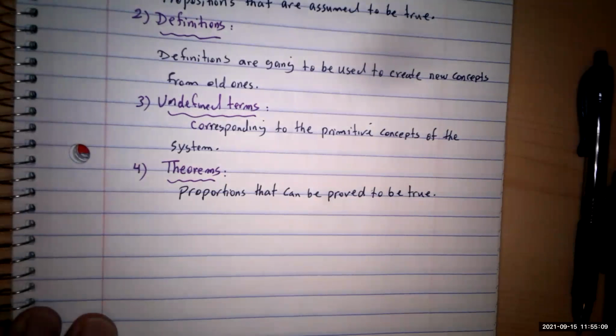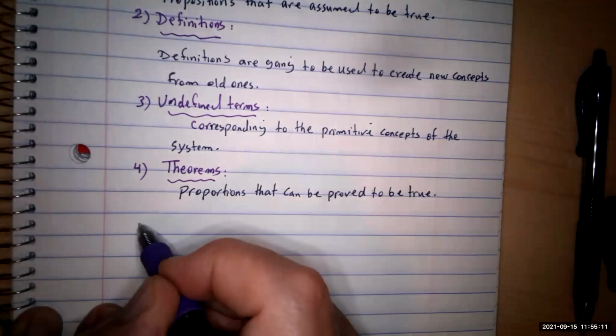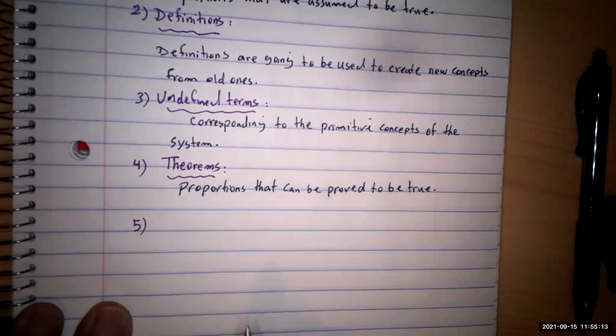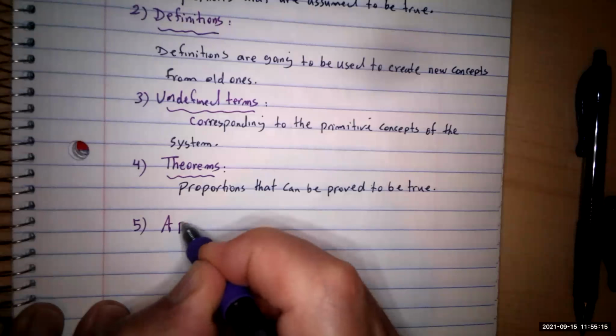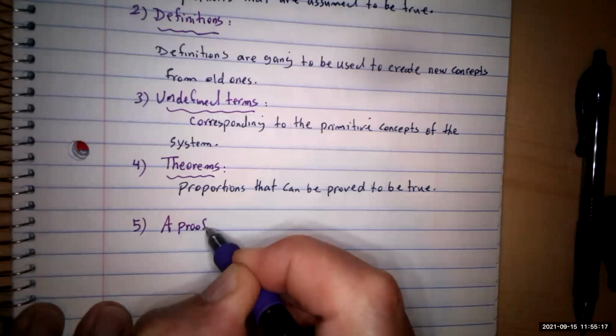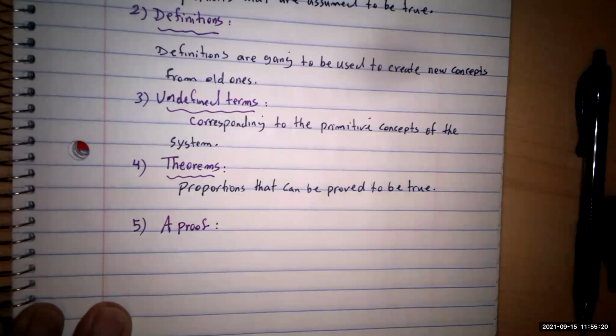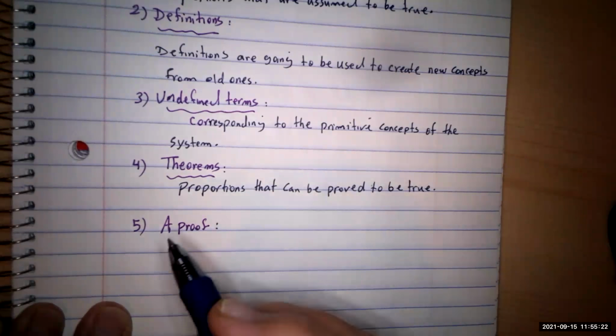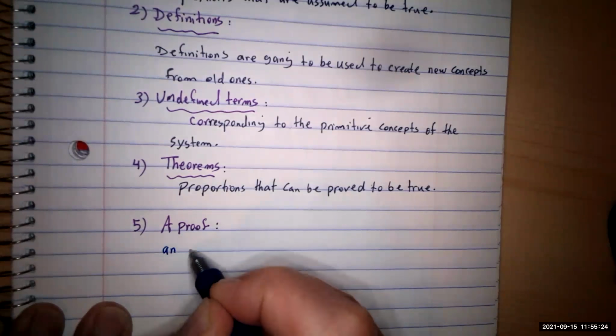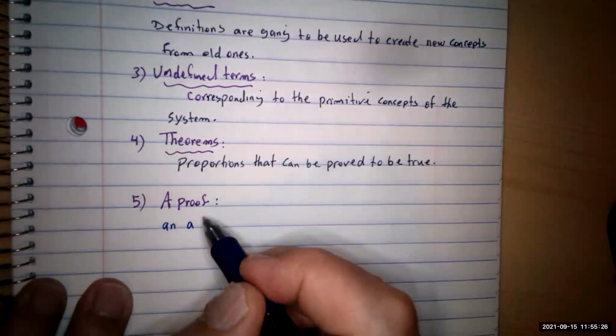The important part is a proof. So what is a proof? A proof is going to be an argument. This is the important part.